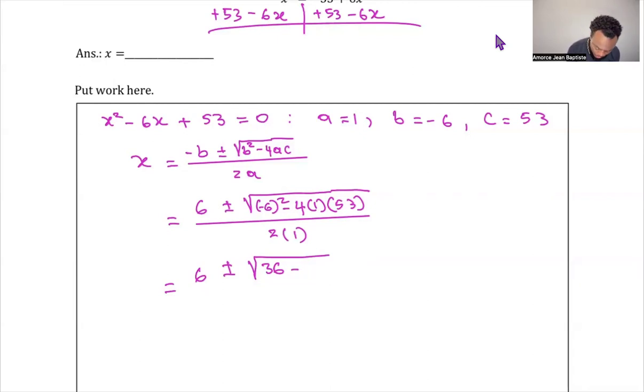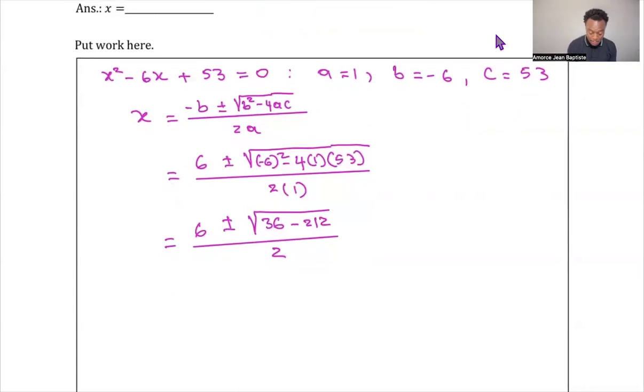And then it's minus 4 times 53. That is 212, over 2. Now we still need to simplify this. This equals 6 plus or minus the square root of 36 minus 212, which is -176.